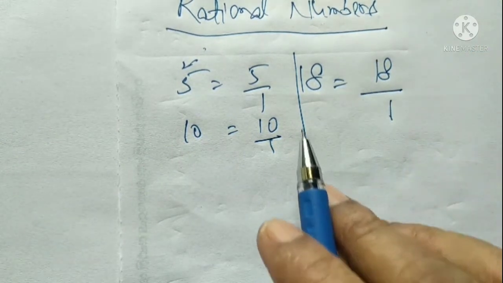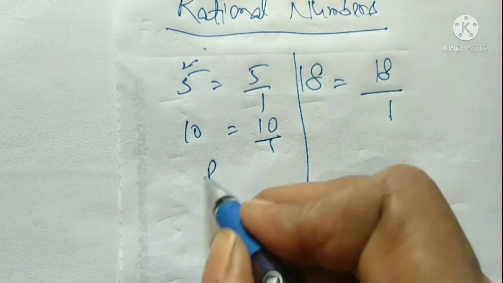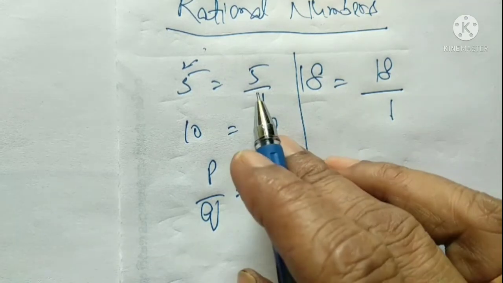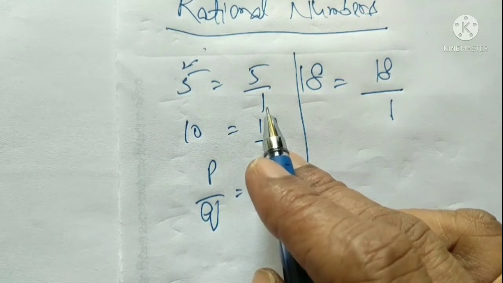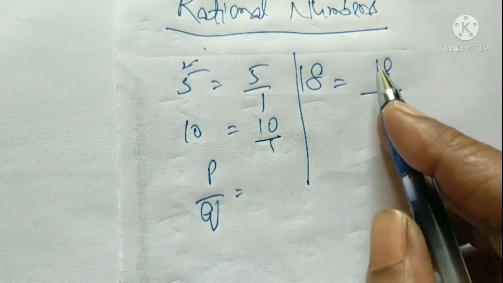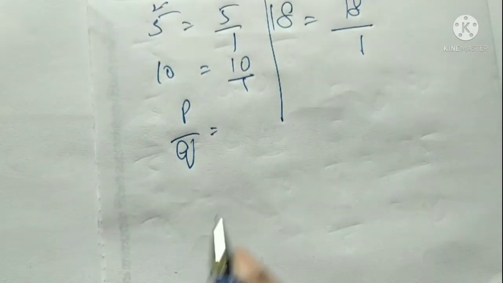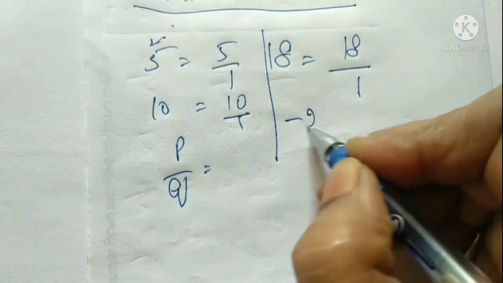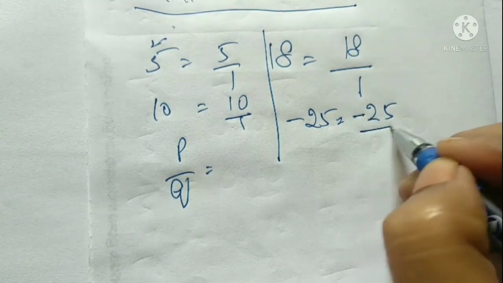Means all integers are in the form of p by q. All integers means any integer. If you take only 5, its denominator is 1. If you take 18, its denominator is 1. So it can be written as 18 by 1, and it is in the form of p by q. Not only positive, even negative integers like minus 25 can be written as minus 25 by 1.